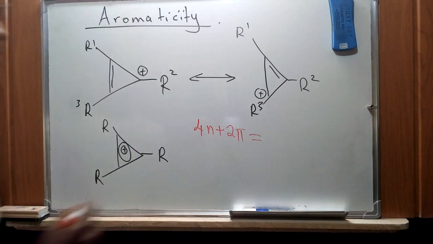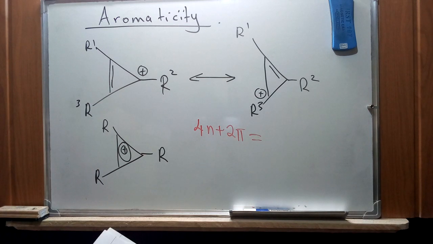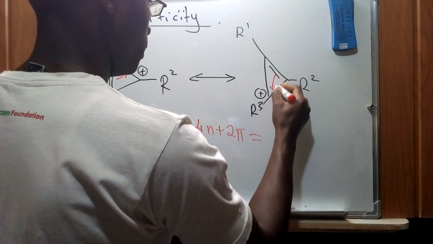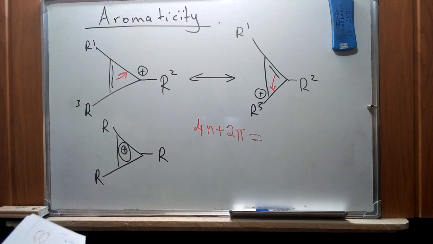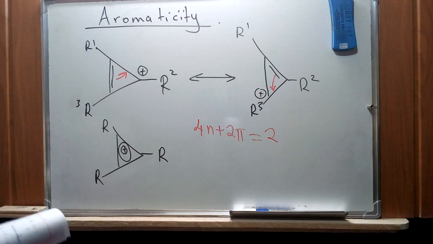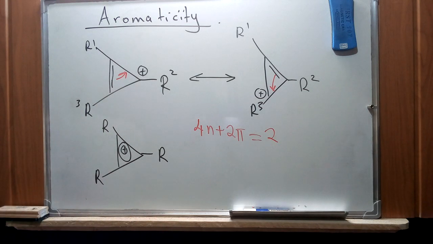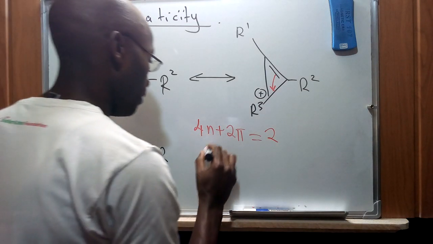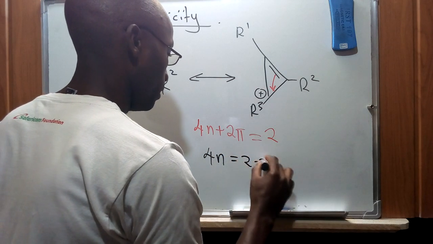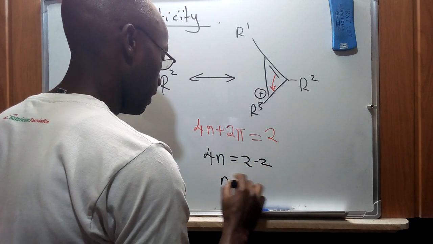So for this case, this one consists of a single double bond, which we have shown can be resonating within that space. So we have 2 electrons for that double bond, and we'll try to see whether it obeys Hückel's rule, which is 4n equals 2 minus 2, therefore n equals 0.